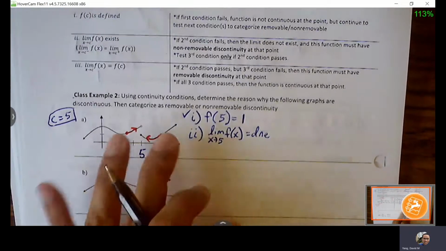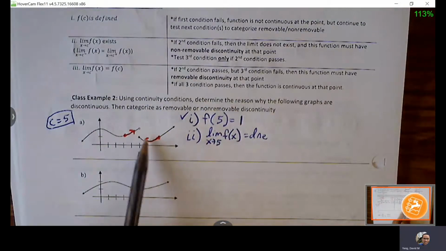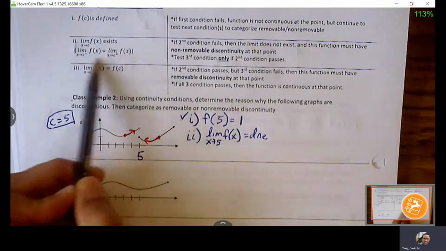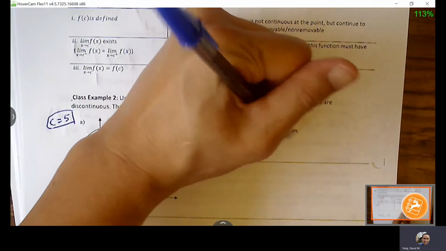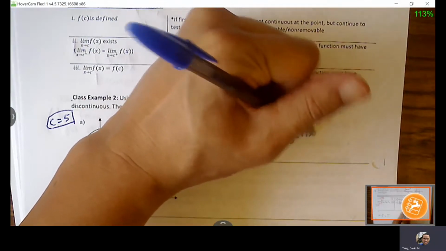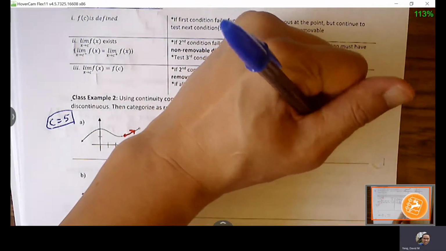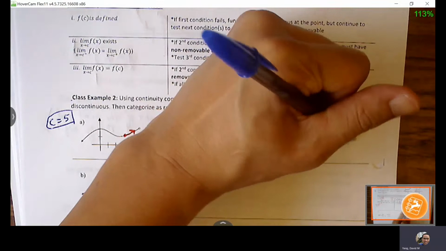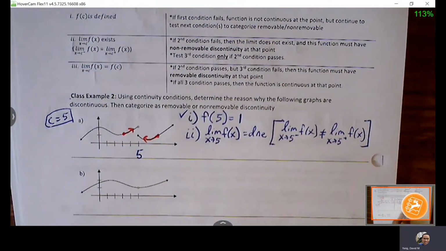And then, as a subcategory, we can say what we do with the arrows, but in a more formal way, we can say that the one-sided limits are not in agreement. The limit as x approaches 5 from the left side of f of x does not equal the limit as x approaches 5 from the right side of f of x. Okay. Do we keep going to the third condition, or can we stop?